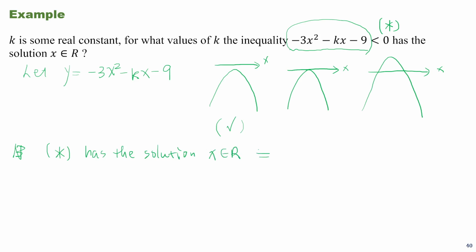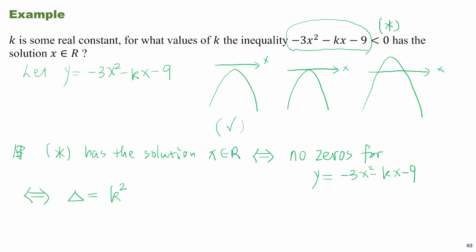This statement is equivalent to we do not have zeros, so no zeros for this quadratic function. And we already know no zeros for a quadratic function means the corresponding delta must be less than 0, right? So how do you calculate delta? Delta equals b squared, in that case k squared, minus 4 times a times c. Delta must be less than 0 to ensure there's no zeros for the corresponding function, right?